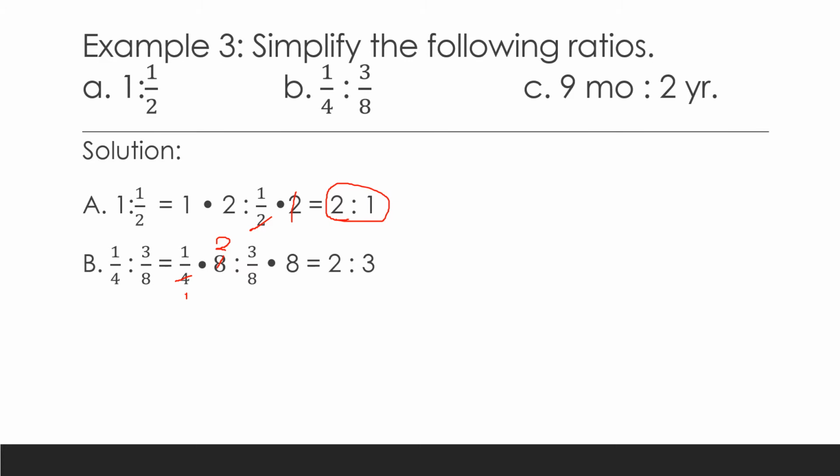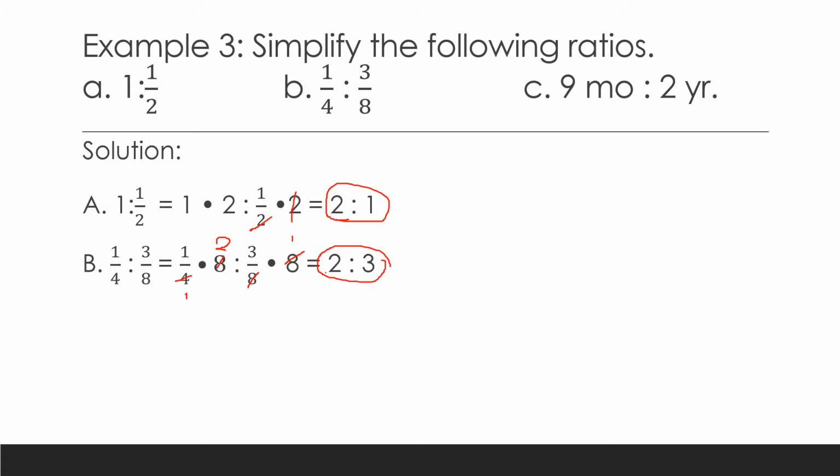Then we have 3/8 times 8, we cancel, and what remains is 3. So 1 times 2 is 2, and 3 times 1 is 3. The answer is 2 is to 3. That's the final answer, simplified ratios.